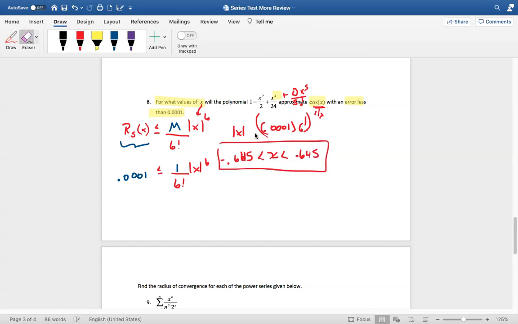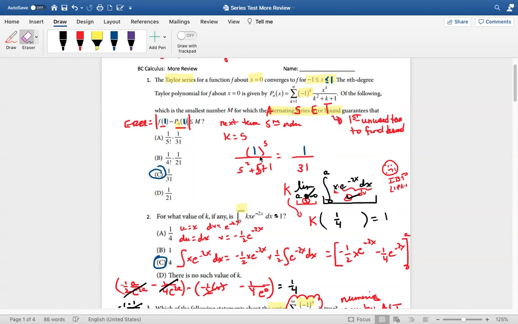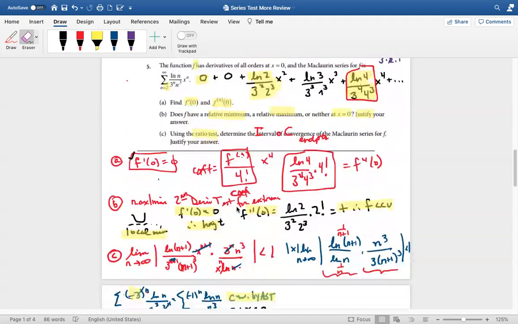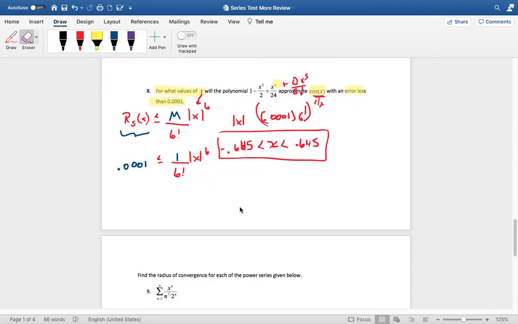Sorry, I have this inequality backwards, I think. I don't want to know greater than. Oh, what happened there? It's going to be between.